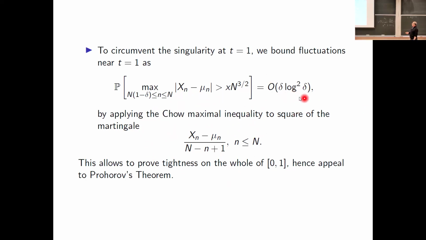With these bounds on the fluctuations of the process near 1, we could show that the whole family of processes X_n is tight, so the measure doesn't go to infinity. So the Prokhorov theorem can be applied here. We have convergence of finite-dimensional distributions using the technique of generators, and we have tightness using this special idea of restricting fluctuations near one. So we have full convergence on the compact interval from 0 to 1.